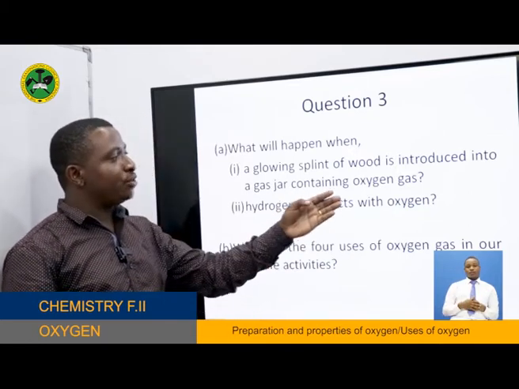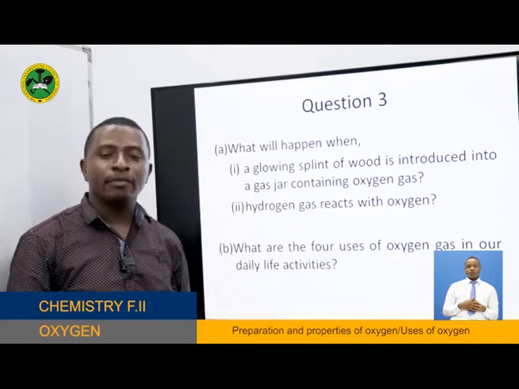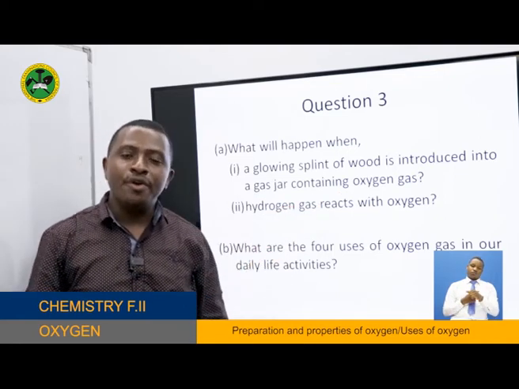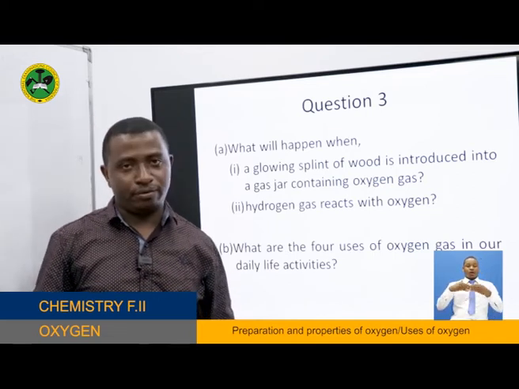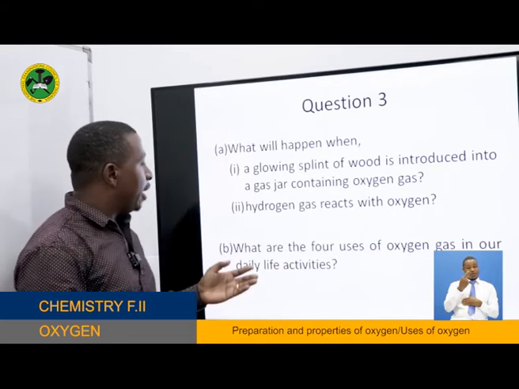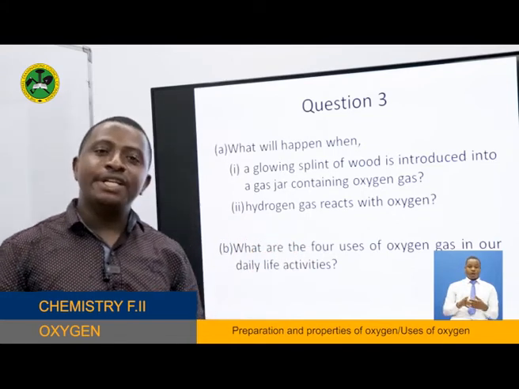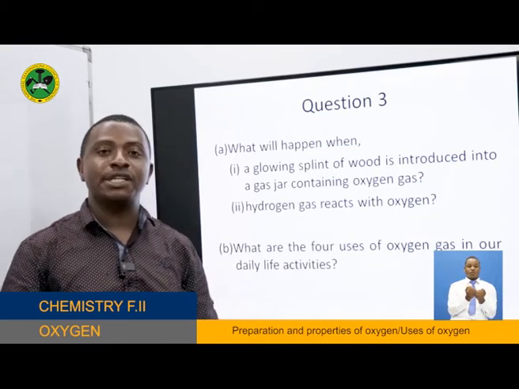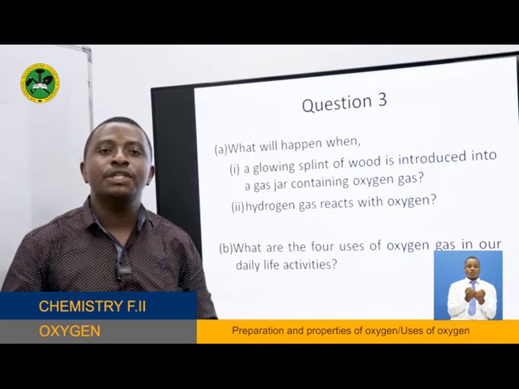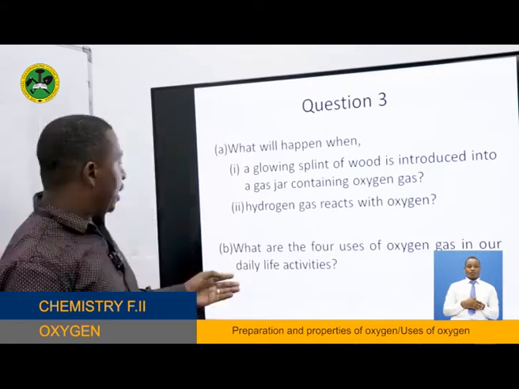When a glowing splint of wood is introduced into a gas jar containing oxygen, the glowing splint will relight, or rekindle. And when hydrogen gas reacts with the oxygen, it reacts sometimes explosively, and it produces water. So water will be formed.